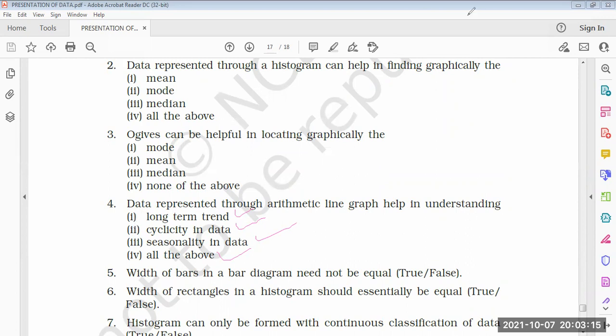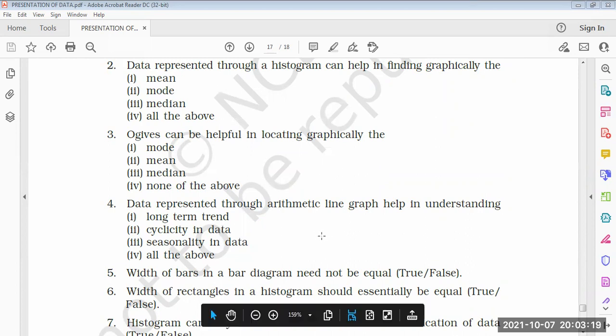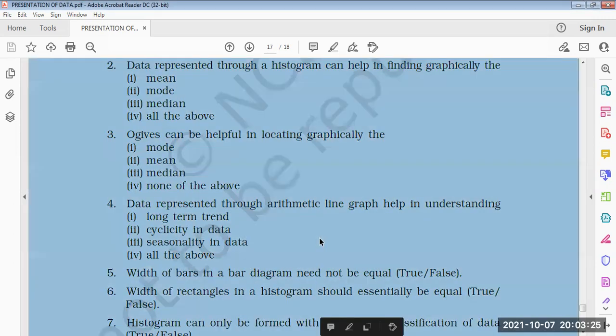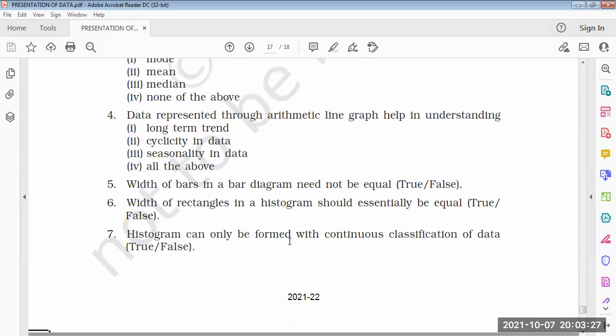So you choose only long-term trend. Long-term trend can be derived with the help of arithmetic line graph. Then fifth one, width of bars in a bar diagram need not be equal. Is it correct or false? False. Yes, it is false.